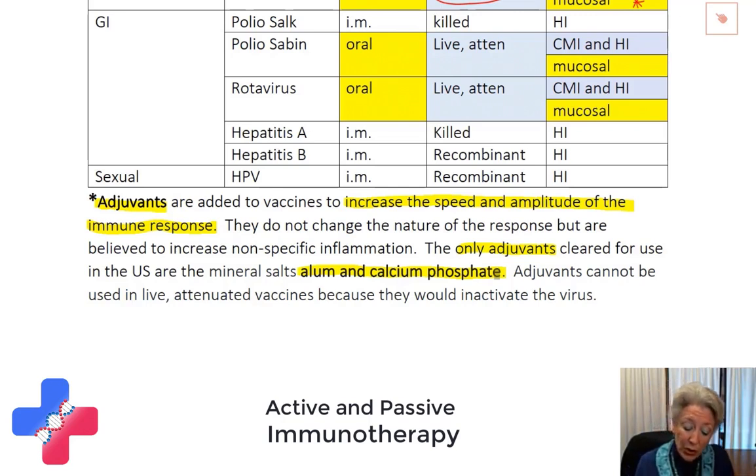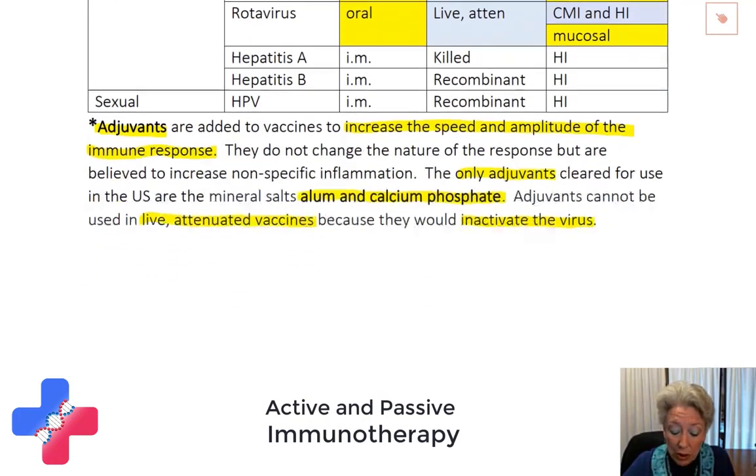And remember, we do not use those in any live attenuated vaccines because if I'm putting chemicals into a vaccine, I have a very high likelihood of killing the virus. And if I do that, then I have stopped the ability of the immune response to recognize it as an intracellular pathogen.